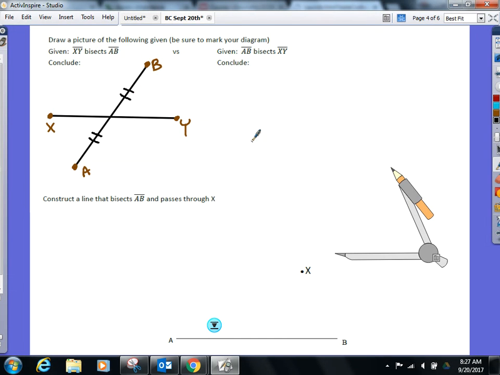Okay? Go over here now. AB bisects XY. I can have the same diagram, can I? Except where are my congruent marks going to be now? AB bisects XY. My congruent marks won't be here. They'll be on XY. Okay, same thing.